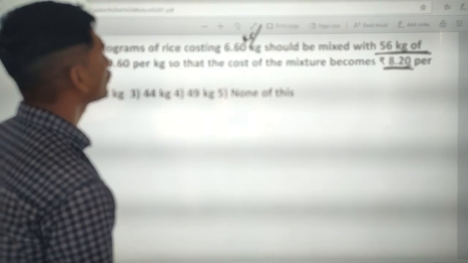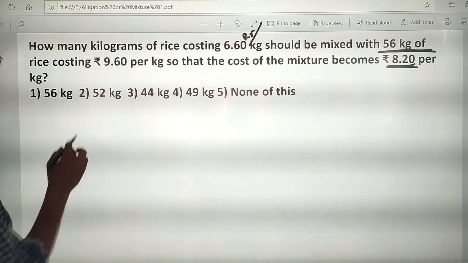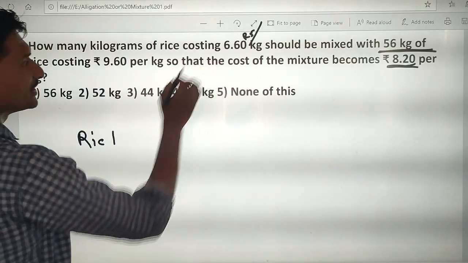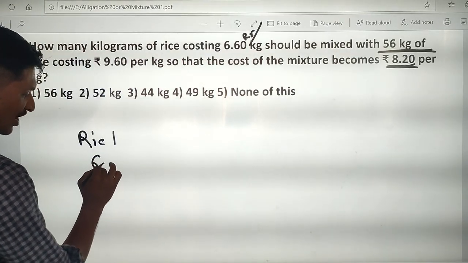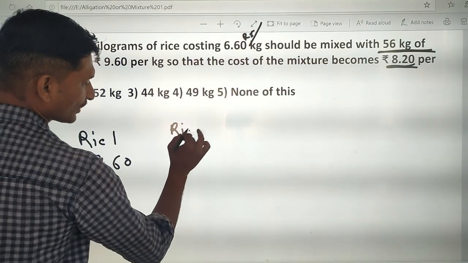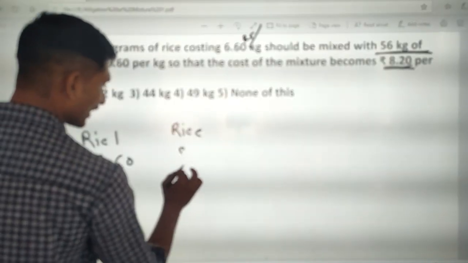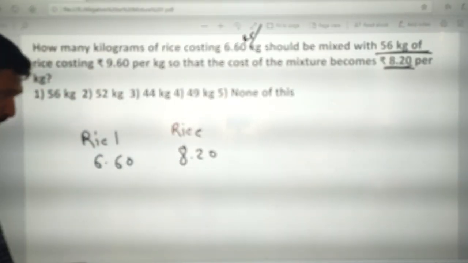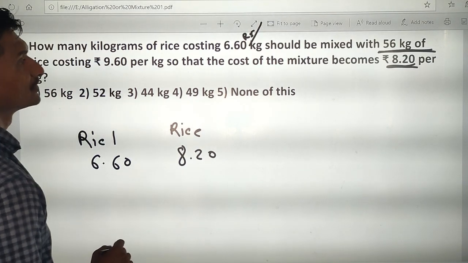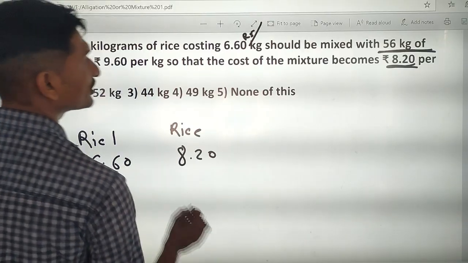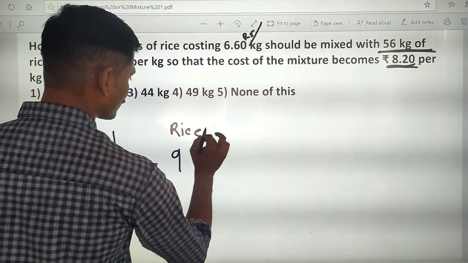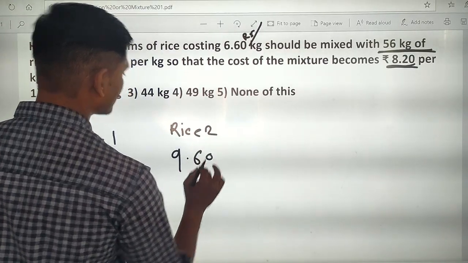Here there are two quantities of rice. Rice 1 is 6.60 rupees per kg, and rice 2 is 9.60 rupees per kg.